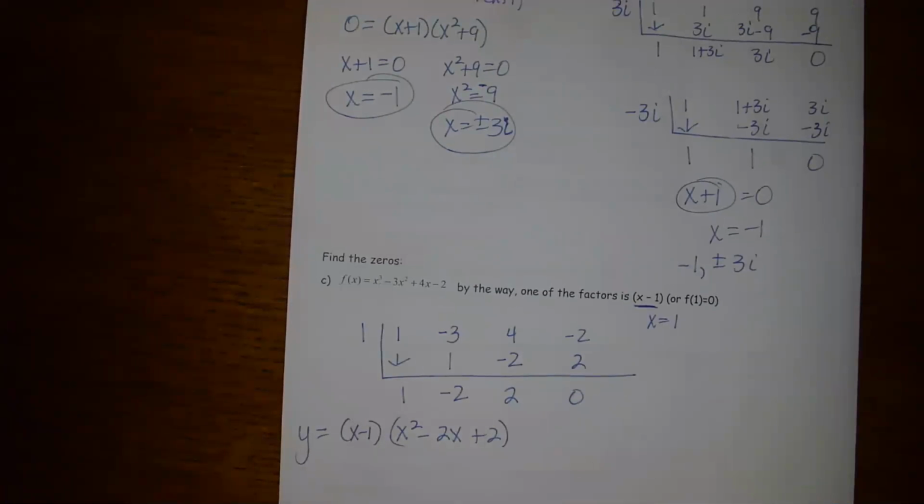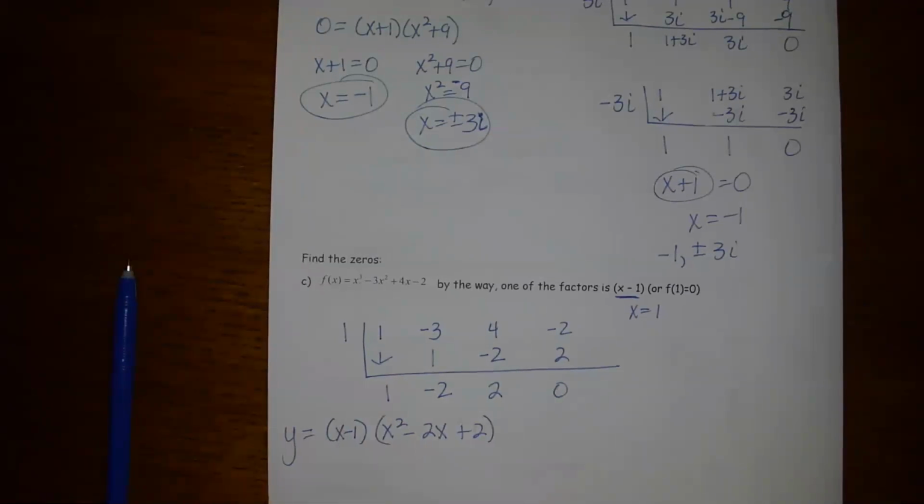Once we have x squared, can you solve any x squared? Yes, you can, because if this won't factor, and it's not going to because there's no two numbers that multiply together to give you 2 that add up to 2. But what do you have anytime that you have a quadratic? What can you use? You can use the quadratic formula to finish it out, right? Because it says find the zeros.